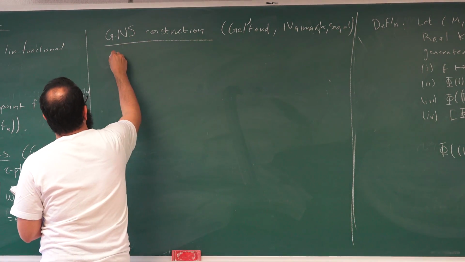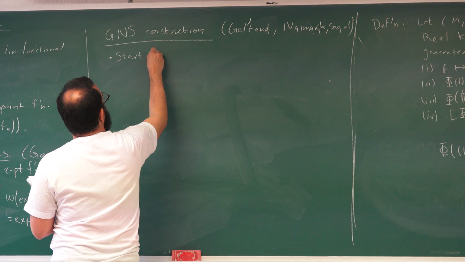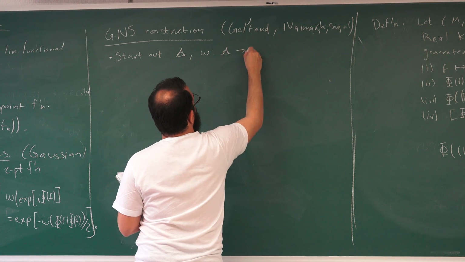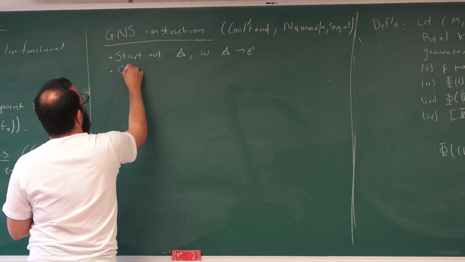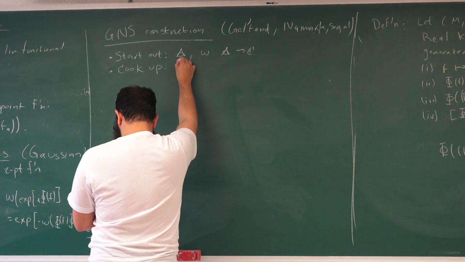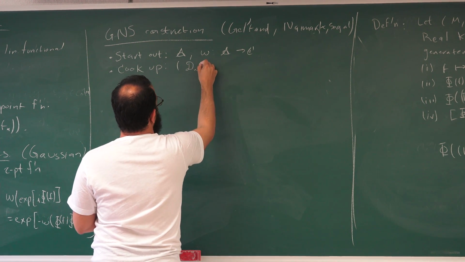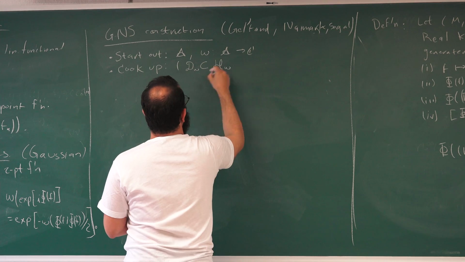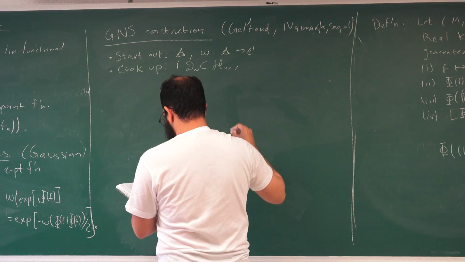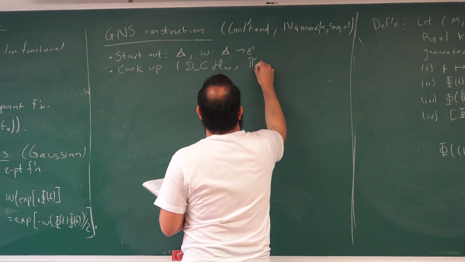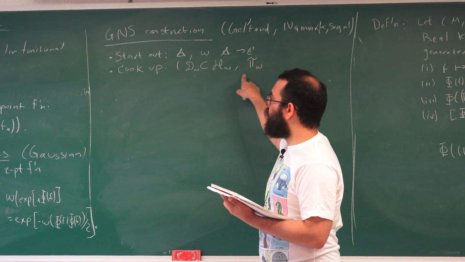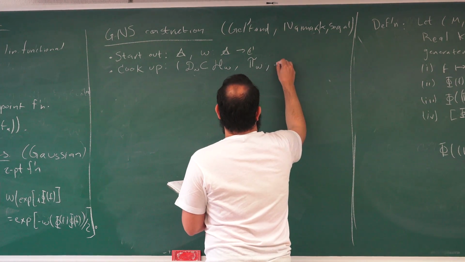And the point is you start out with an algebra and with a state on the algebra, and you cook up some triple, which is a Hilbert space with a dense subspace on it. I'll tell you what that is in a minute. In fact, a representation that allows me to take algebra elements and represent them as operators acting on that Hilbert space, and a vacuum state.